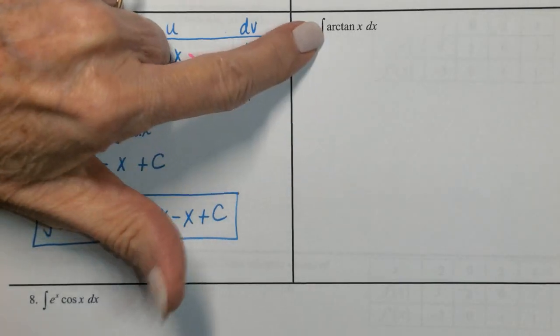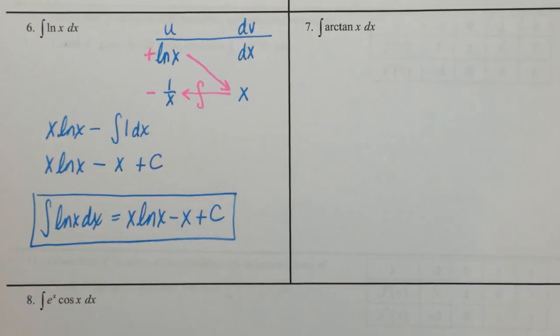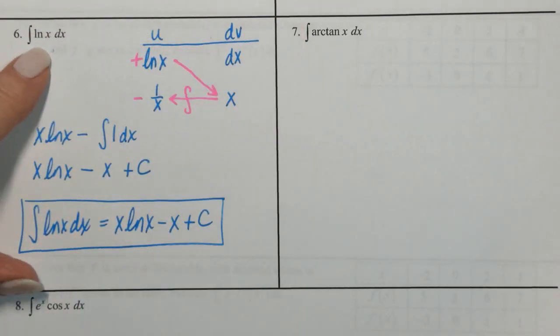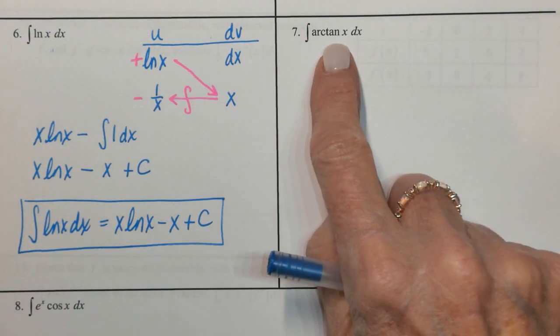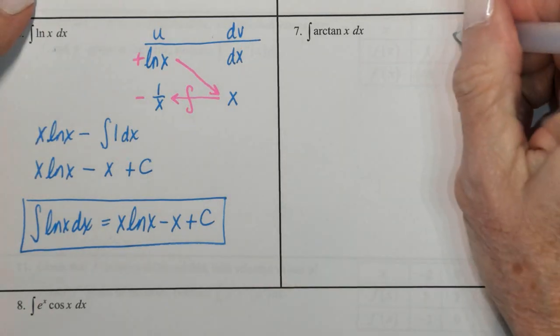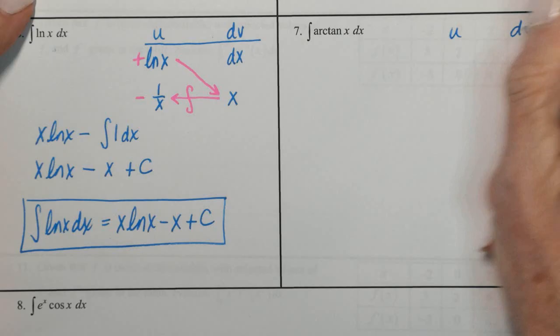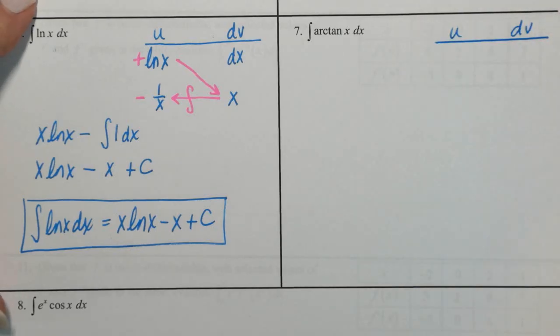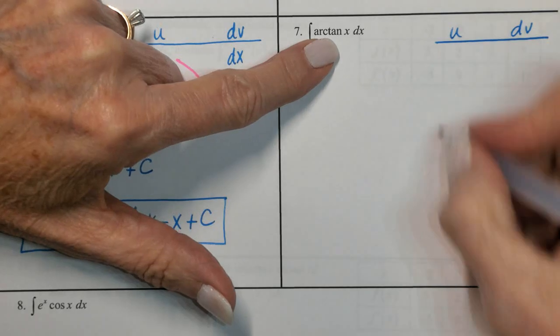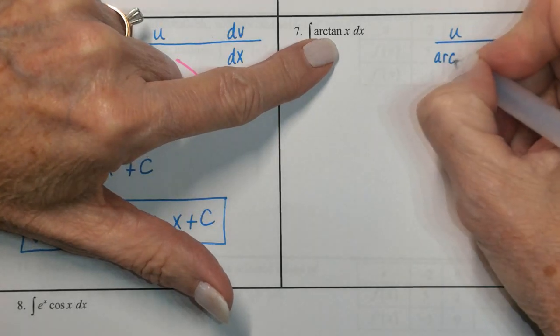Okay. Integral of arctan of x. Okay, again, just like with this one, it doesn't appear to be a by parts candidate, but we can force it to be by parts. u dv. Okay? There's no log, but there is an inverse trig function, so that is our u.